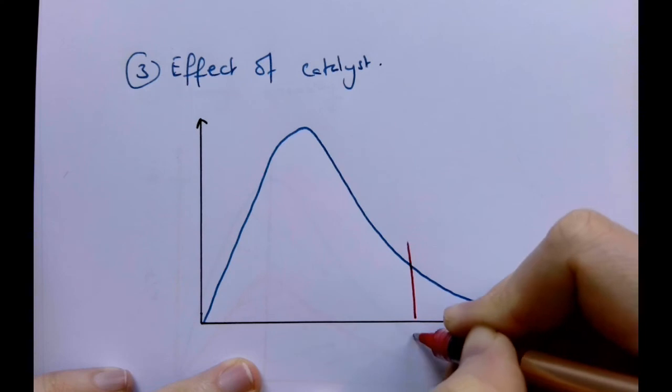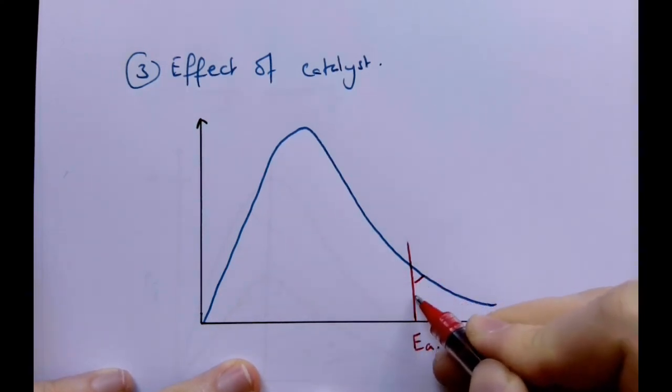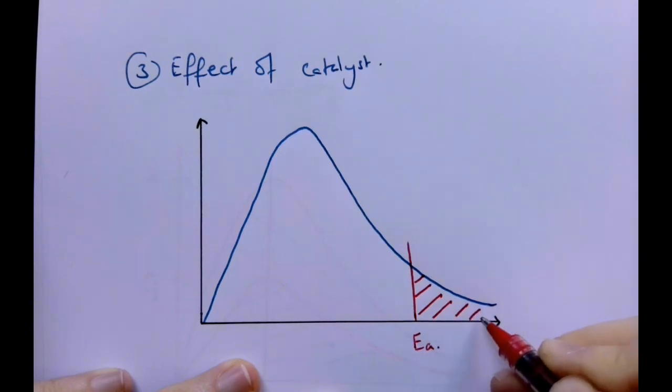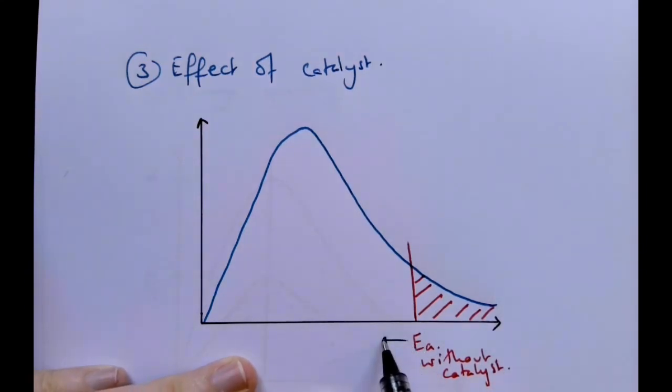If this is the activation energy for a reaction, we can see that in our gas, this number of particles have the activation energy. Let's say this is without the catalyst, and then if I add a catalyst, I just lower the activation energy. So this can be EA with a catalyst.